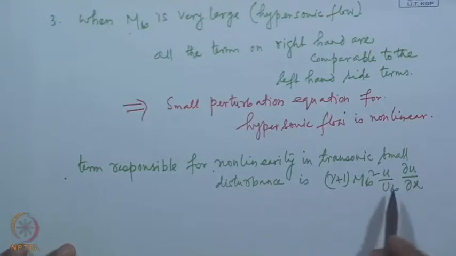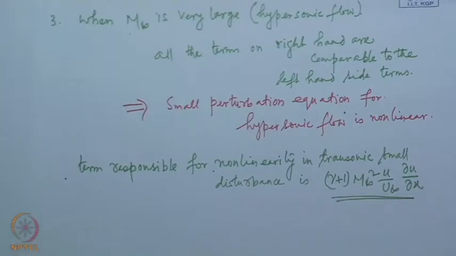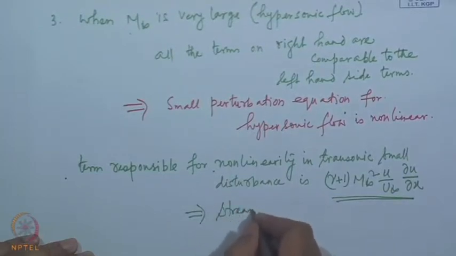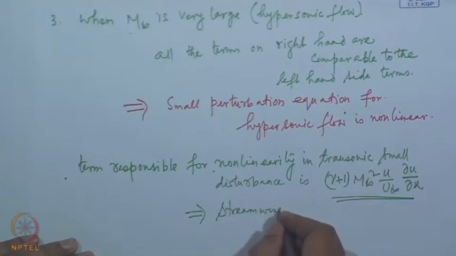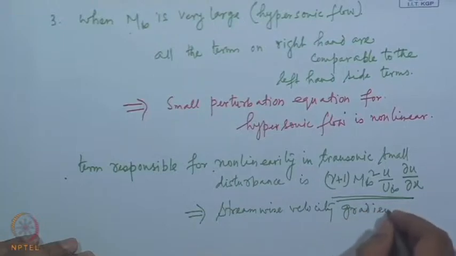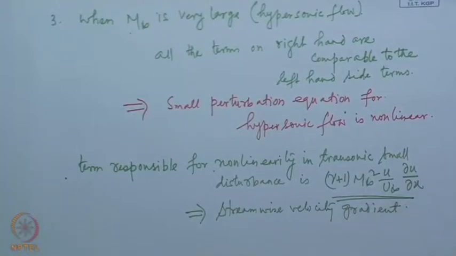That is the streamwise velocity gradient. In other words, the changes in the streamwise direction cause the nonlinearity in transonic small disturbance flows.